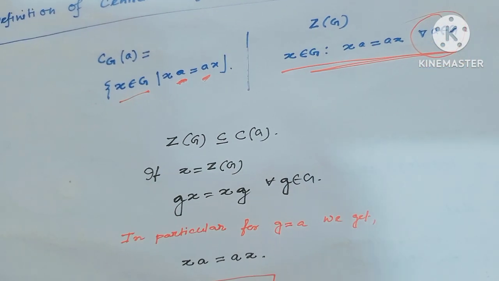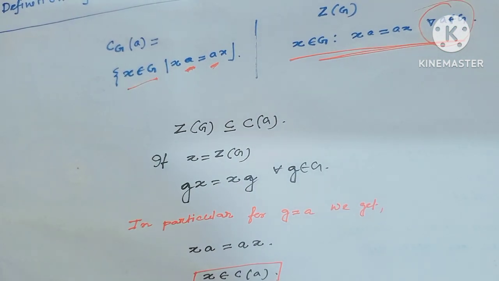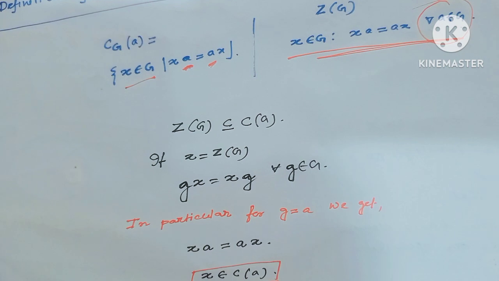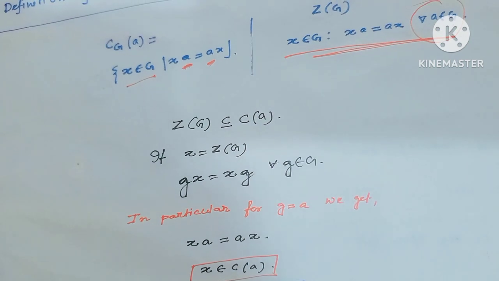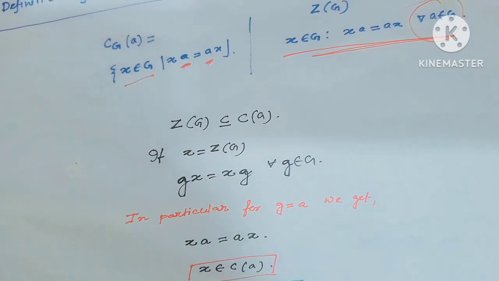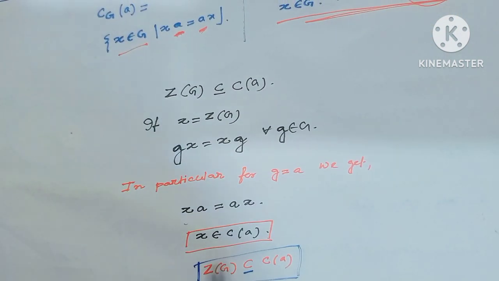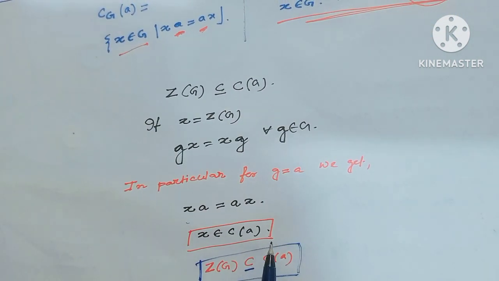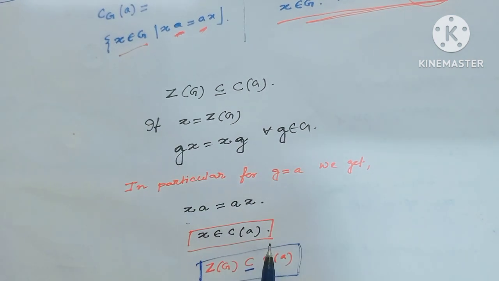If x belongs to Z(G), that means gx equals xg, and this is true for all g belonging to the group G. In particular, for g equal to a, we get ax equals xa. This implies x belongs to C(a), that means x belongs to the centralizer of a.